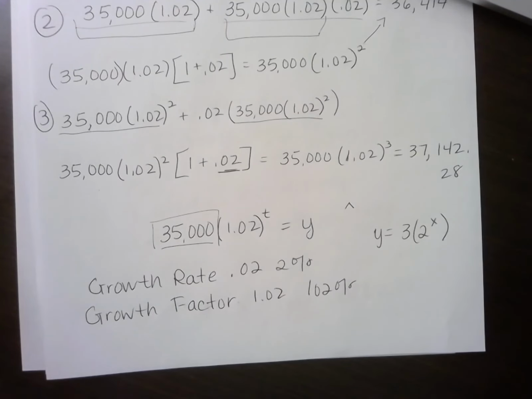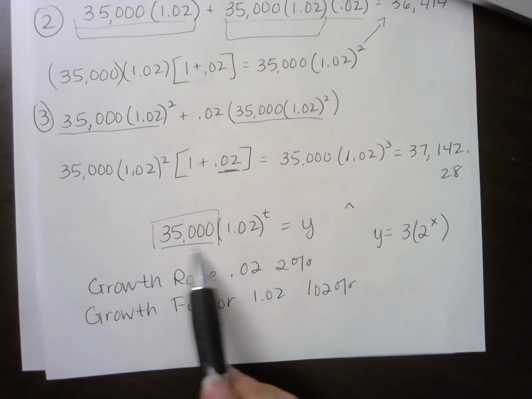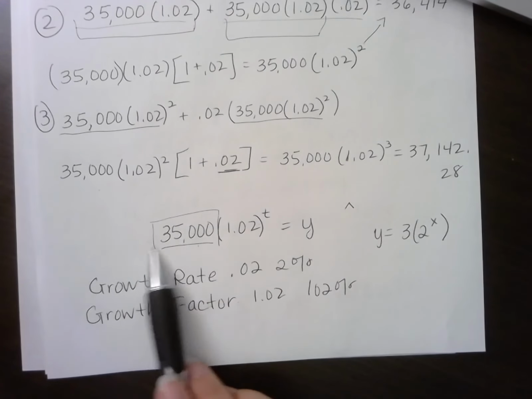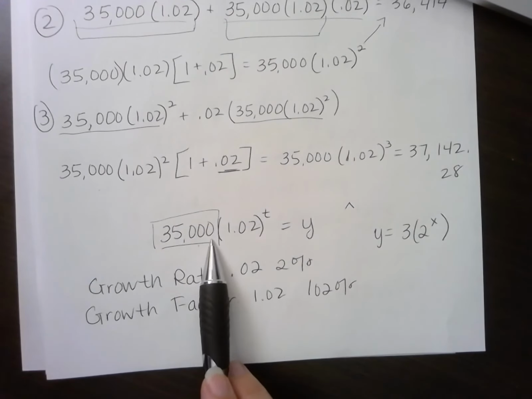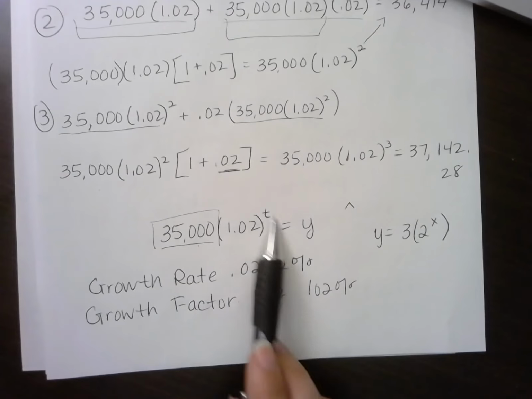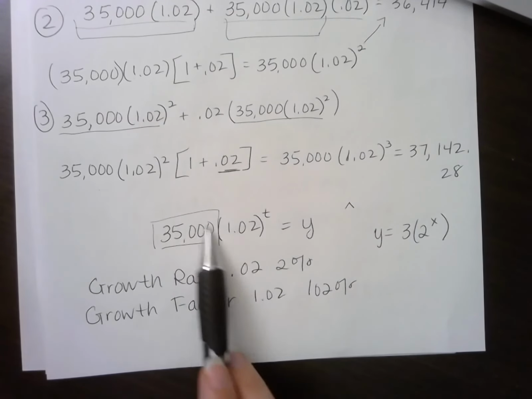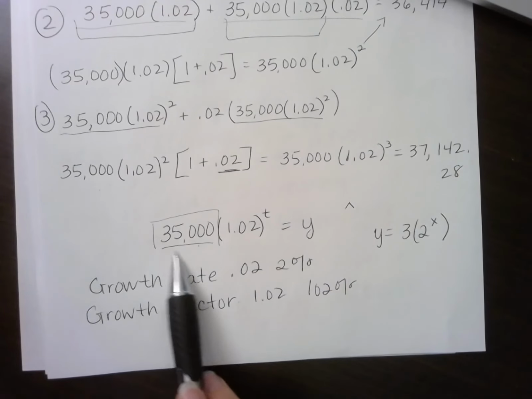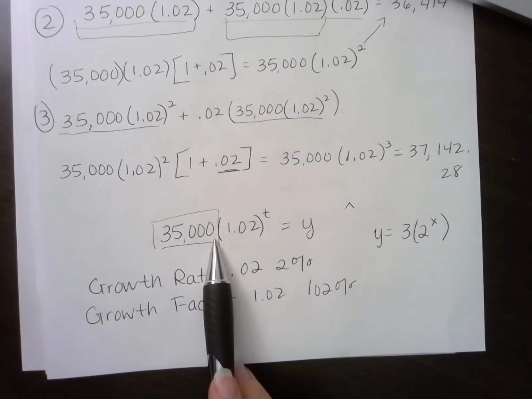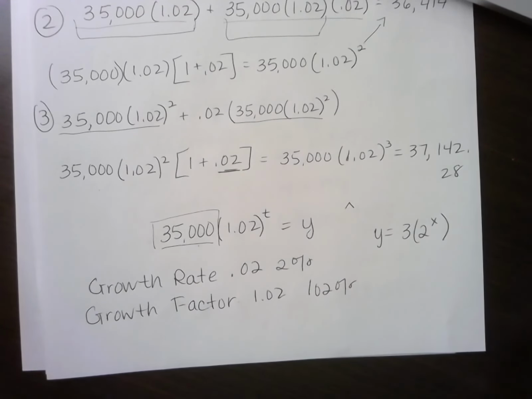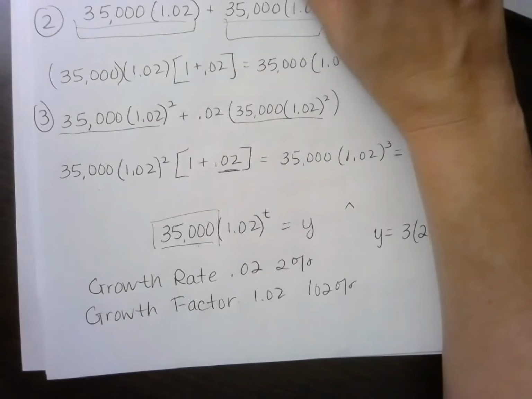Then a lot of times we call this the initial amount, and in this case, our initial amount was our starting salary. So sometimes populations are represented with exponential functions, and whatever this number is in front of the exponential, that would be like your initial population that you start with. Okay, and we will continue to talk about exponential functions next time.